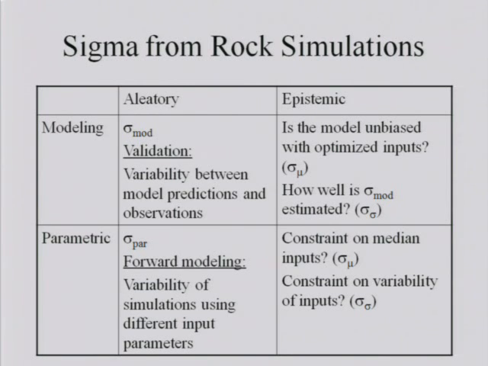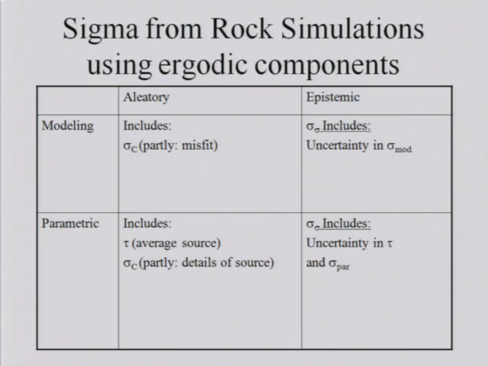Okay? Now, that's the easy part. So now I was trying to figure out how do you take that other breakdown and force it into these boxes? And they don't fit uniquely into each box. Okay, so I could say what goes into modeling aleatory.